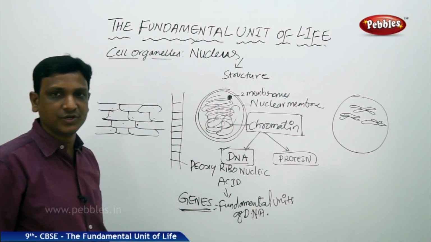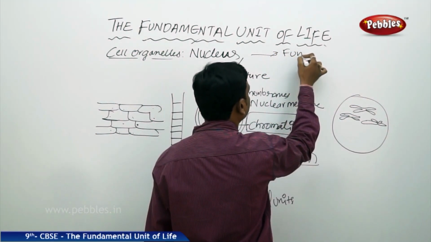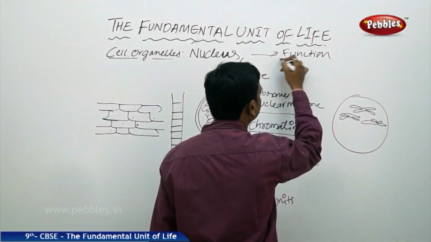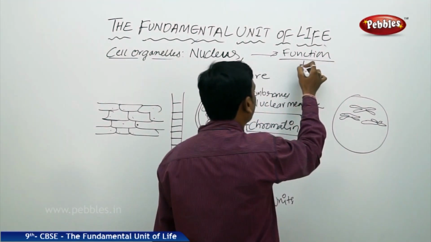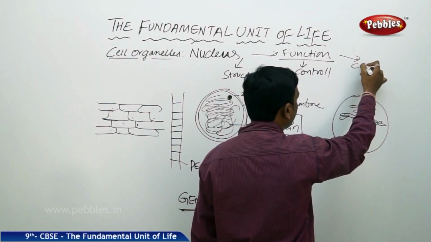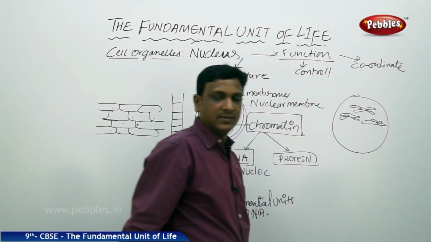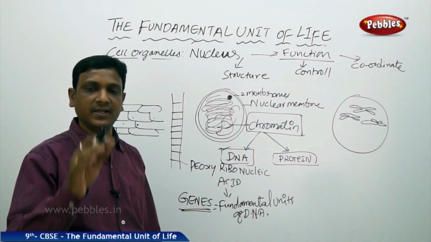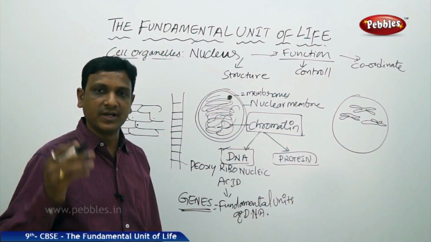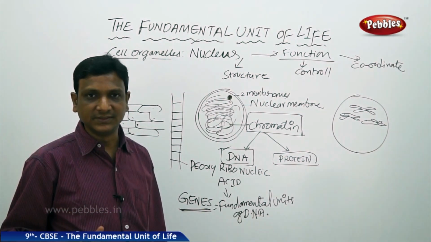Then what is the function of the nucleus? Functions: control. Second thing, coordinate. The cell consists of various organelles. It consists of mitochondria, lysosomes, Golgi bodies, and different kinds of things.